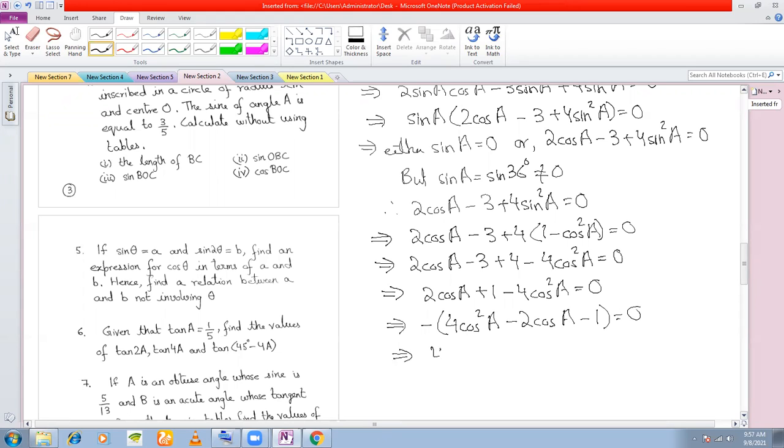So that means you get 4 cos square A minus 2 cos A minus 1 is equal to 0.